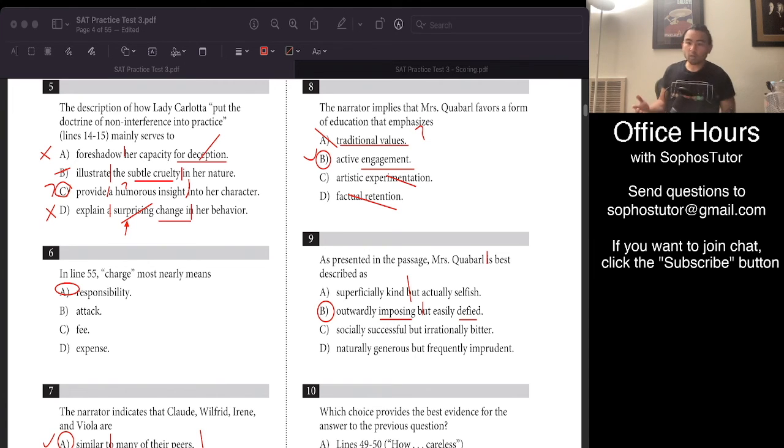I want you to notice how we are focusing on the questions. I want you to see how we're breaking down these questions before we make judgments, okay? I think one of the biggest mistakes that we make is we read too fast, and as a result, we miss the detail in the answer choices. Yet it's the detail that really makes an answer choice feel good or feel bad.